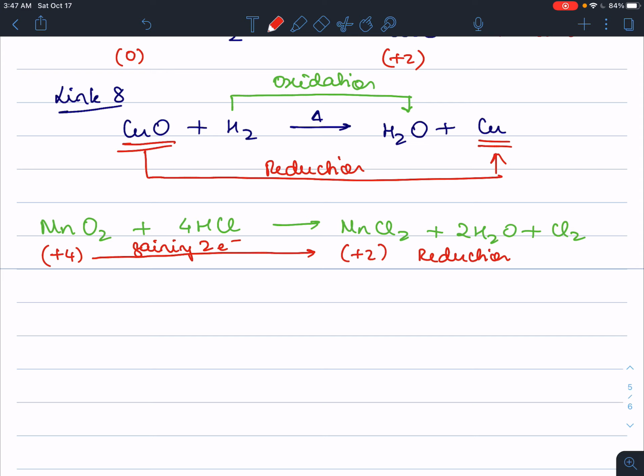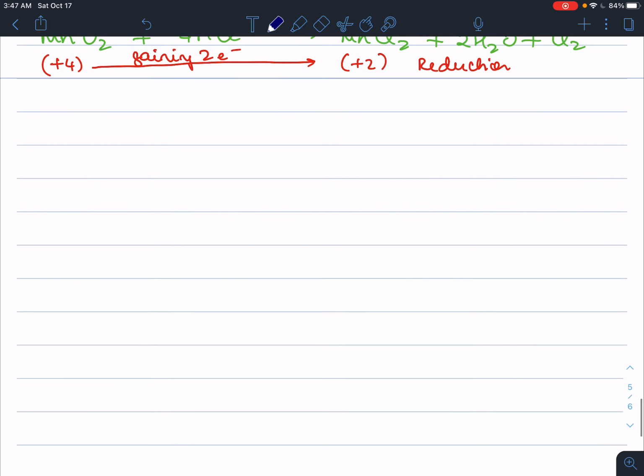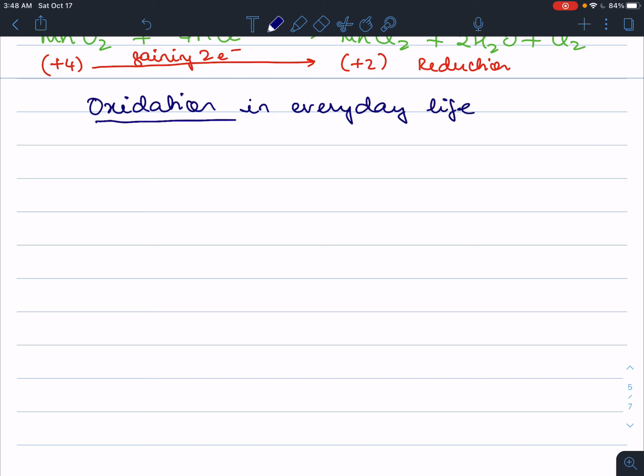So now that you know those definitions, we are still speaking about oxidation. There are two common examples of oxidation that we see in everyday life. Think about it. Oxidation in everyday life. What happens if you leave a piece of metal open for too long? Think about iron.